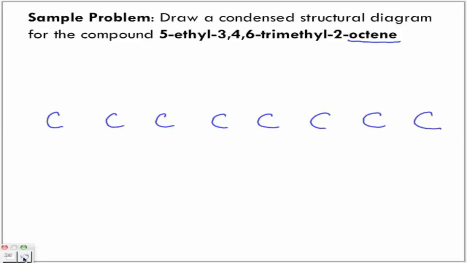The number 2 next to it mentions where the double bond is. Then you need to number the carbon atoms to add the double bond.